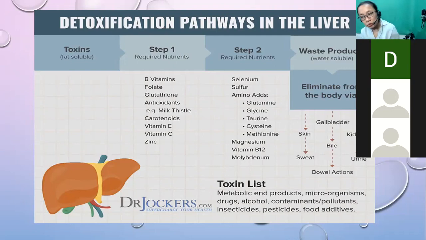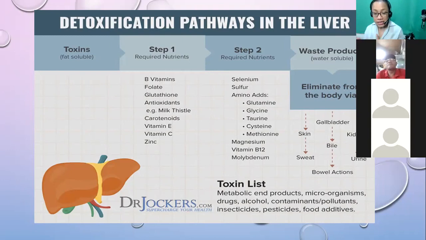And then in step 2, as it is being detoxified, kasi mahabang proseso yan, you need a lot of amino acids, a lot of minerals: magnesium, selenium, sulfur, molybdenum, and vitamin B12 to aid in the process.